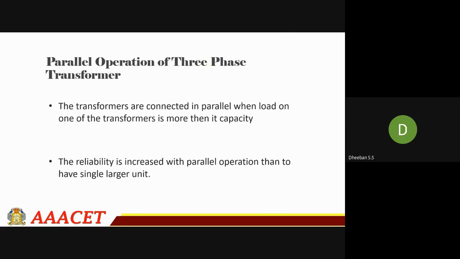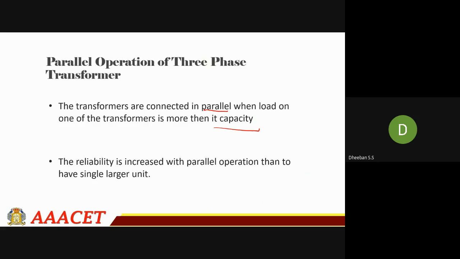Now the parallel operation of your transformer. Transformers are connected in parallel when the load on one transformer is more than its capacity. If there are two three phase transformers and a very heavy industrial load is operating, you need more power.